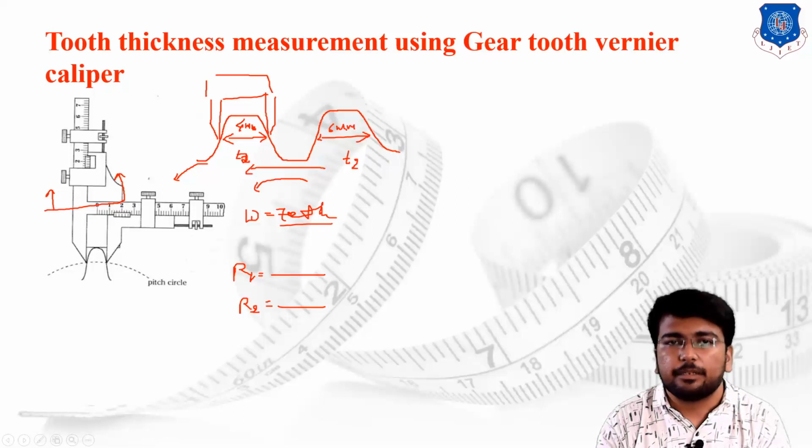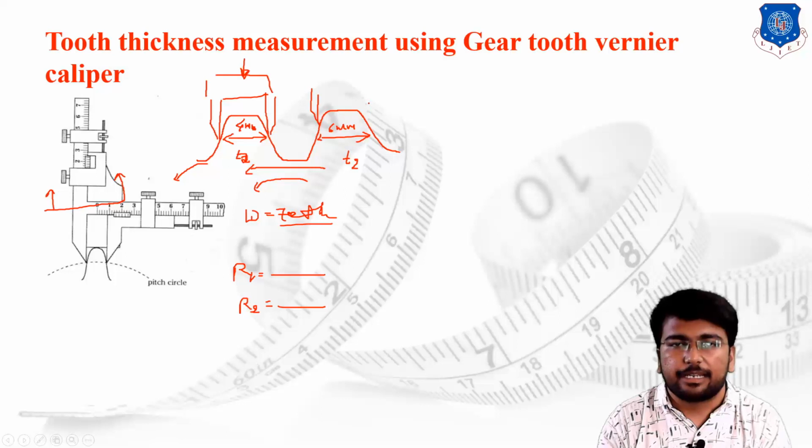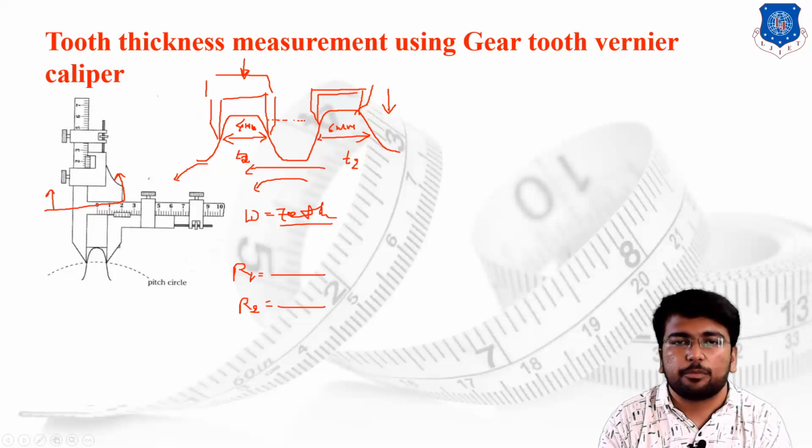Then what is happening, if I have fixed this particular setup, then the vernier caliper will not get inserted. The vernier caliper is restricted at this particular height. Instead of going down, it is restricted to a particular height. You can check from the figure, we have made a height difference.